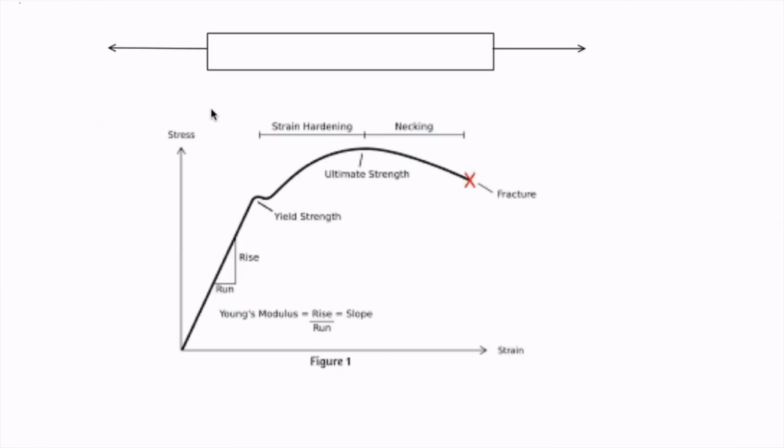So in case of any static failure, when I am using this term static, that means the load is not changing continuously with respect to time. Suppose you have a shaft under a tensile load, a load along its axis.